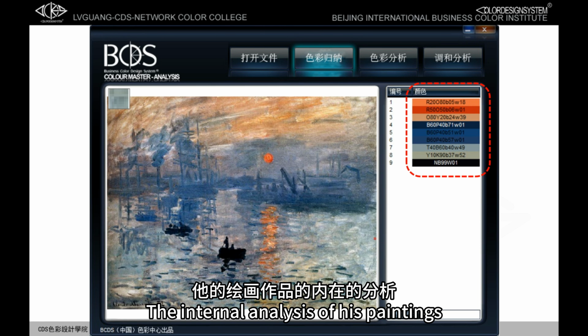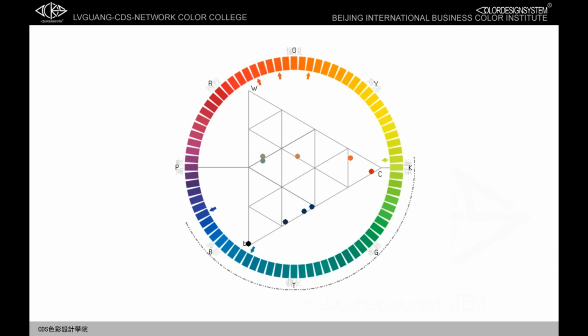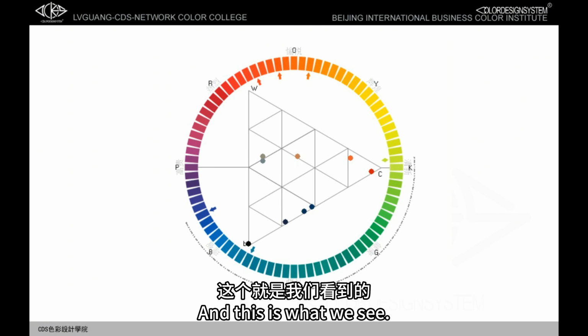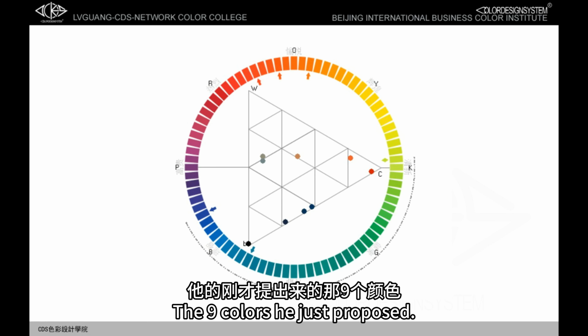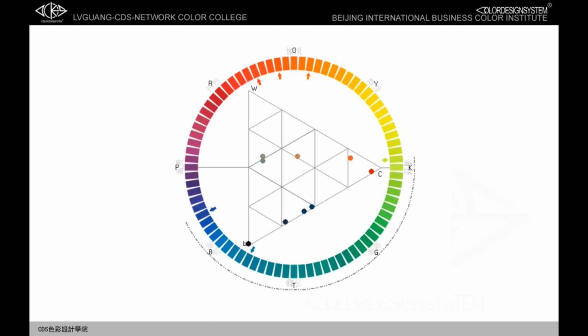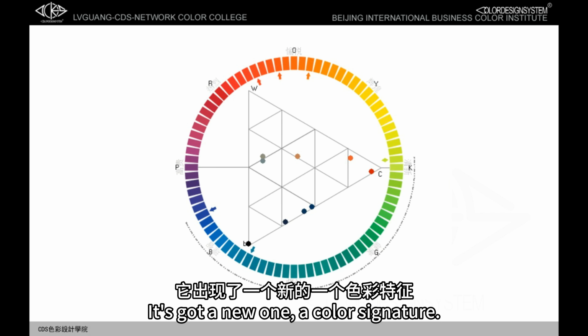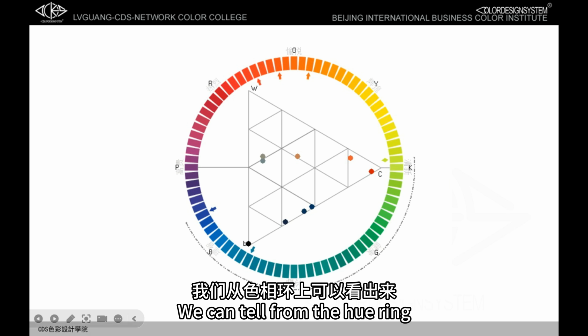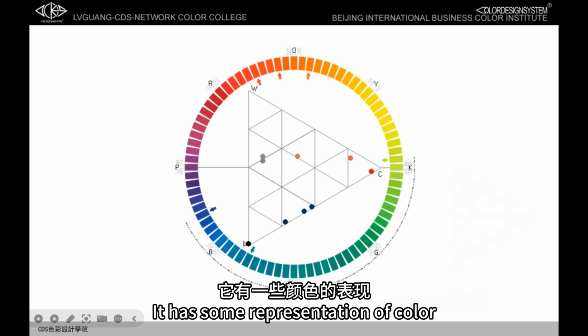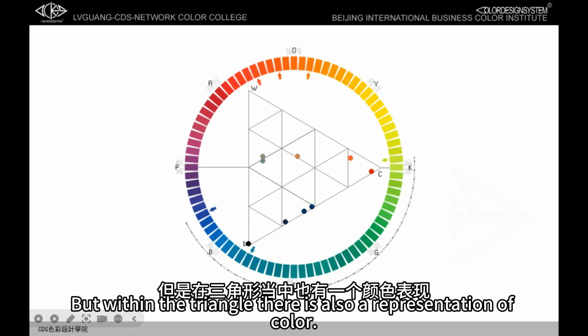Okay, let's take a look at the internal analysis of his paintings. This is what we see: the 9 colors he just proposed have a new color signature. We can tell from the hue ring it has some representation of color, but within the triangle there is also a representation of color.